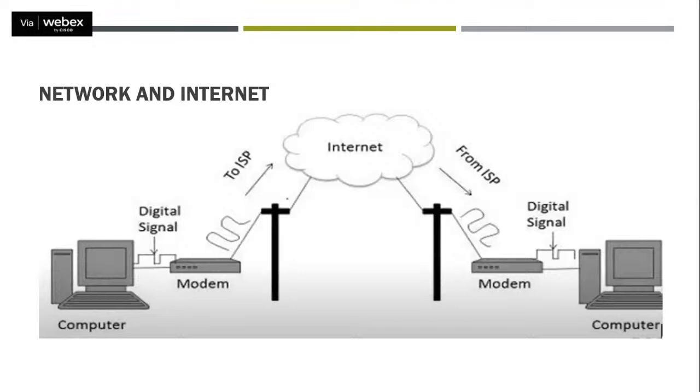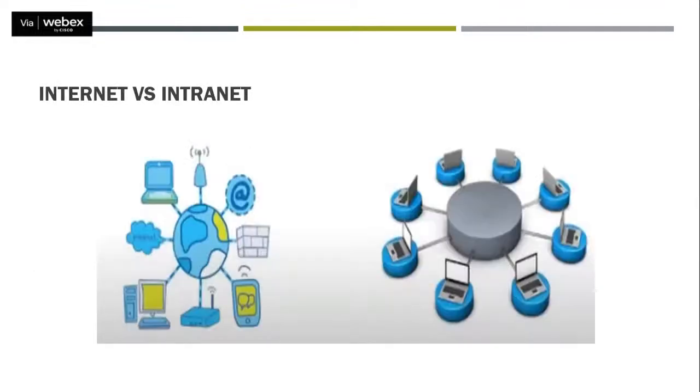Then it goes again through the LAN to that computer's application layer. That is the flow of a network, how the data is flowing from a link to the application layer and from the application layer to the physical layer. There are a number of protocols and services running while you are sending data from one layer to another layer.